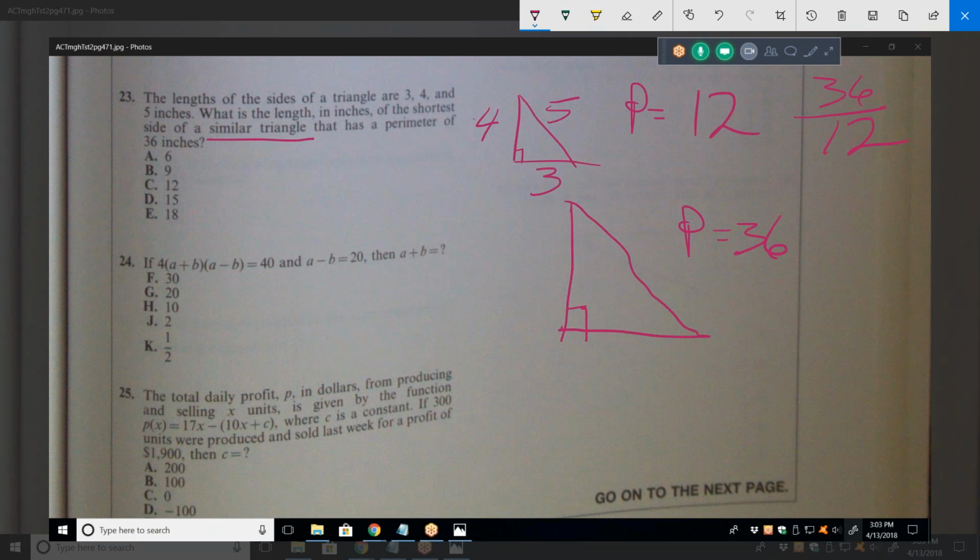And what that means is that every side on this bigger triangle is 3 times the size of that smaller triangle. So what are the dimensions of this bigger triangle? Instead of 3, 4, 5, what is it? Is it 12, 15, 9?